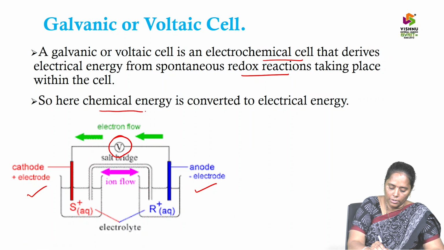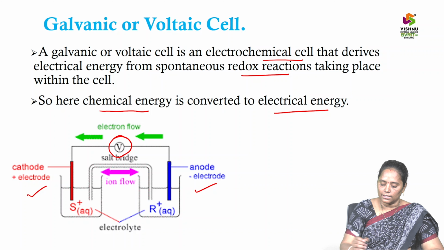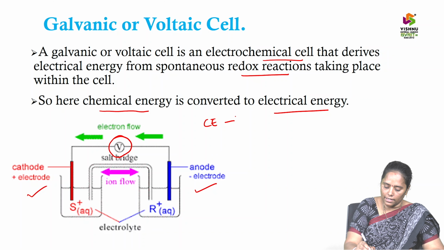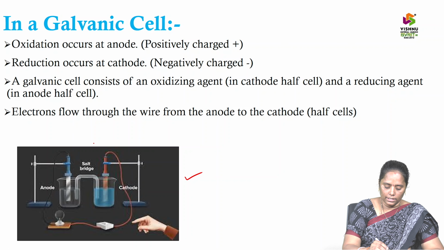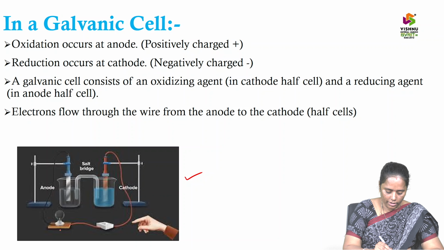So, because of the chemical reactions, electrons are liberated, and the flow of electrons, we call it electricity. So, finally, chemical energy is converted to electrical energy. Here you can see in this picture, instead of placing a voltmeter or ammeter to measure what amount of voltage is produced from the galvanic cell reactions, we can also place a bulb here.